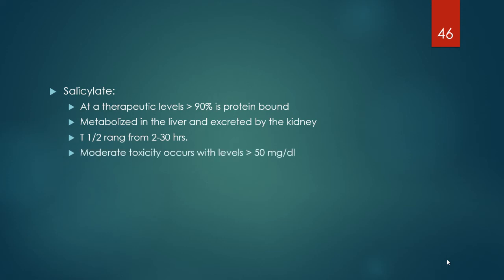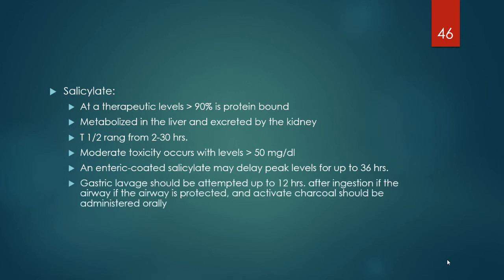Moderate toxicity occurs at levels of 50, and when we have toxicity, the protein binding decreases by 50 to 75% because of competitive receptor binding. An enteric-coated salicylate may delay peak levels for up to 36 hours. Lavage should be attempted up to 12 hours after ingestion if the airway is protected, and activated charcoal should be administered orally.